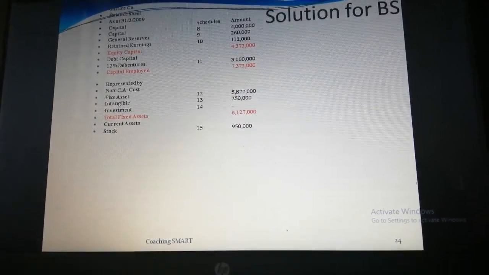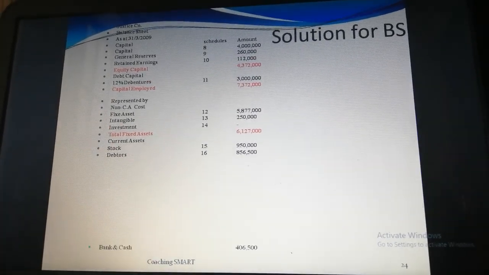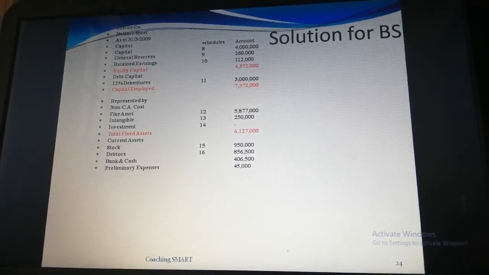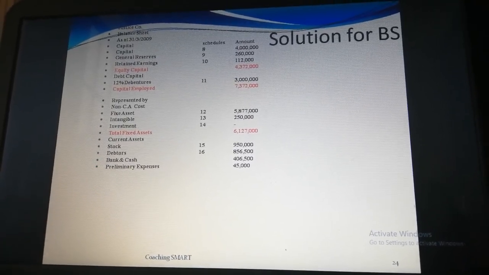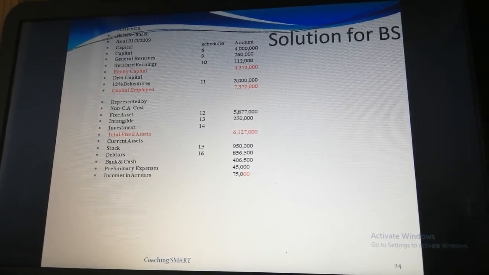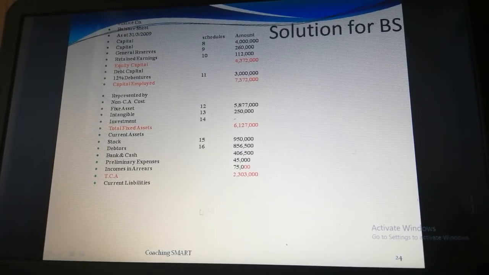Current assets, we have stock, schedule 15, debtors, schedule 16, bank and cash, which has no schedule, preliminary expenses has no schedule, income in arrears 75,000. When you total, you get total current assets 2,303,000.